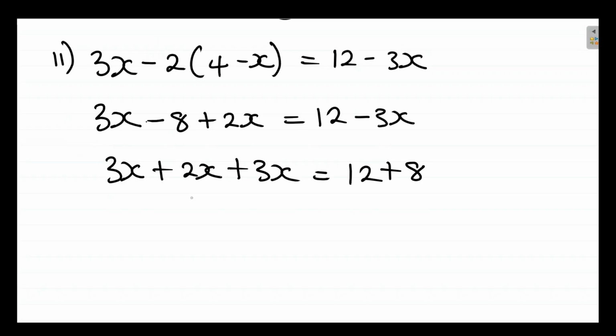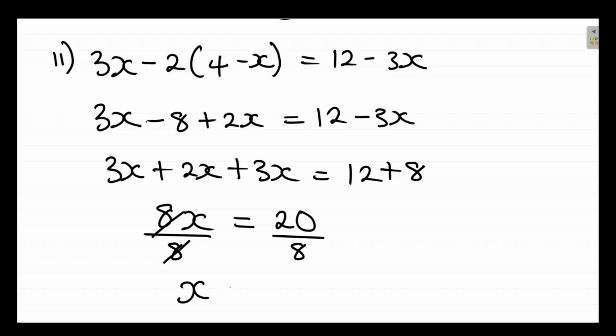So 3x plus 2x is 5x. 5x plus 3x is 8x equal to 12 plus 8, which gives us 20. So to obtain the value of x, we divide both sides by the coefficient of x, which is 8. So 8 can cancel out 8. So we have that x is equal to 20 divided by 8, which is 2 whole number, 4 divided by 8.